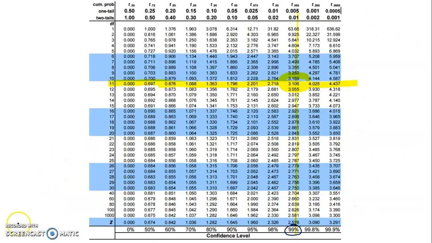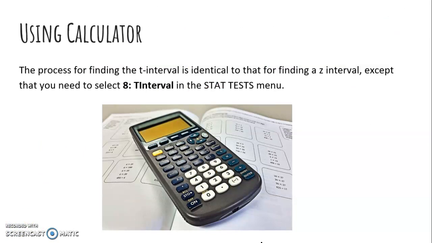All right. So just like when we did the Z formula for confidence intervals, when we did know the population standard deviation, there was a function in the calculator that we could use that would allow us to not use the formula and just go straight to finding the confidence interval. Well, the same thing is true here with the T interval. So you're going to get there the same way that we got to the Z interval.